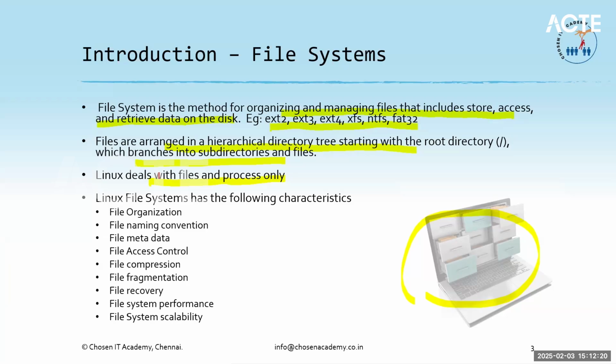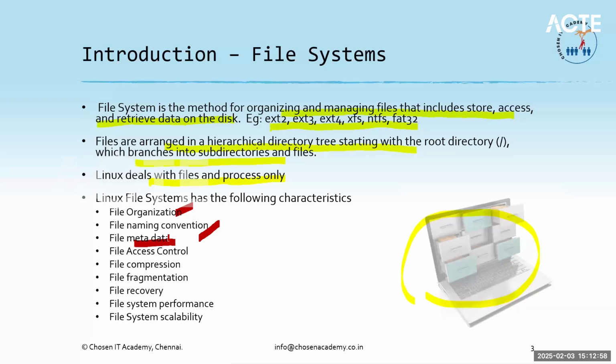So the Linux file system has the following characteristics. It does the file organization, and it takes care of the file naming convention. Depending on the file system, the naming convention, the length of the name, and things like that are defined by the type of file system. File metadata gives the information about the file owner, when it was created, and where it is located.